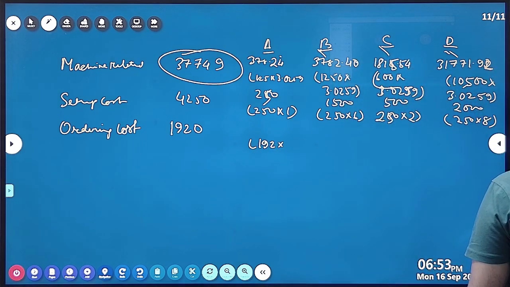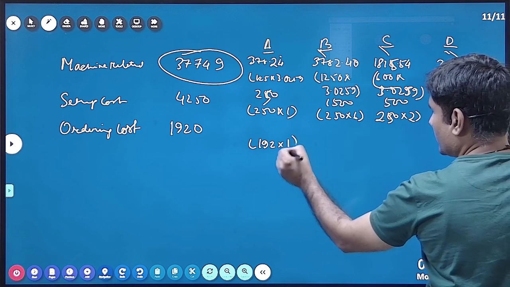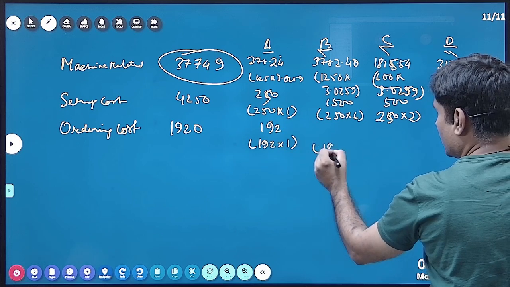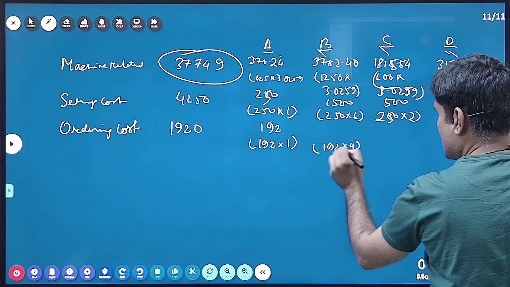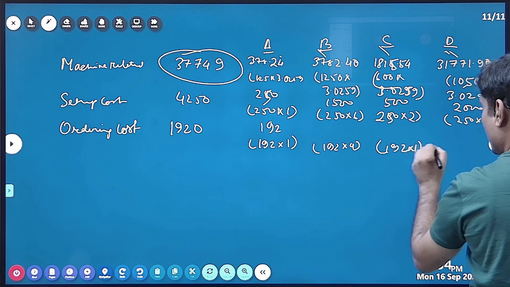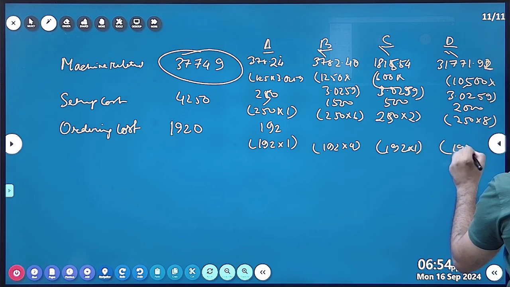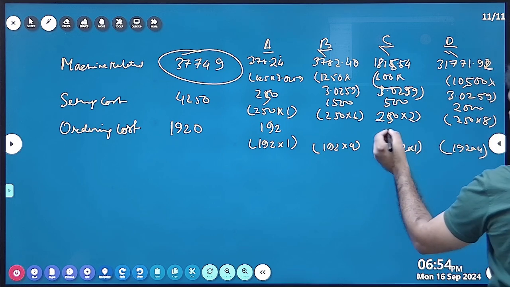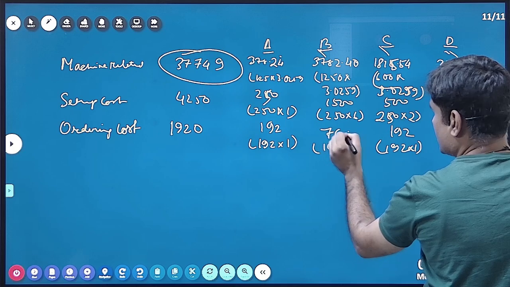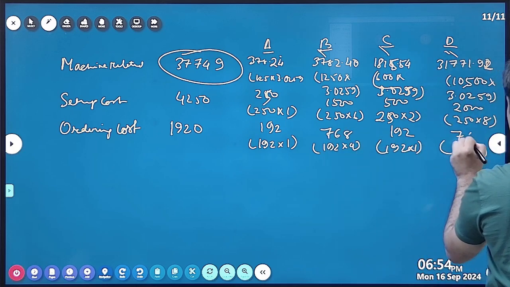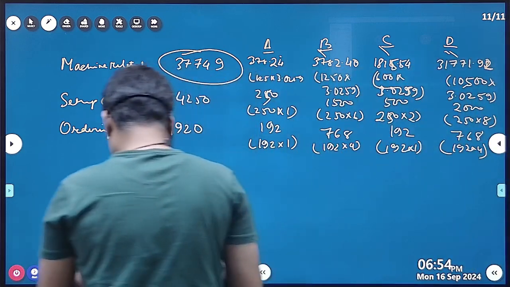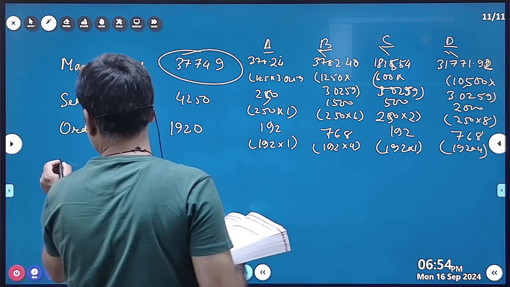Orders. 192 into 1, 192, 192 into 4, 192 into 1, 192 into 4. 192 into 4 is how much? Yes, 768. Then material handling cost.